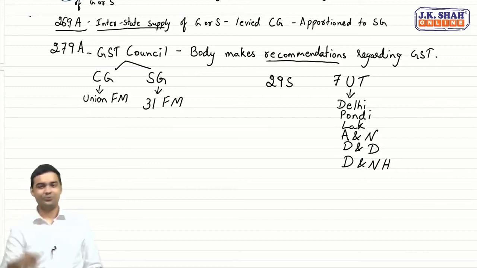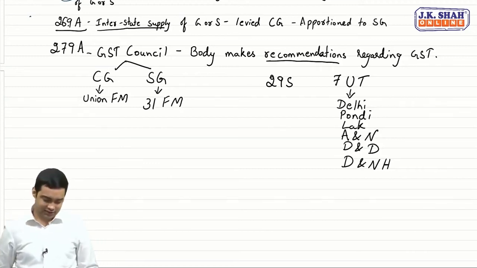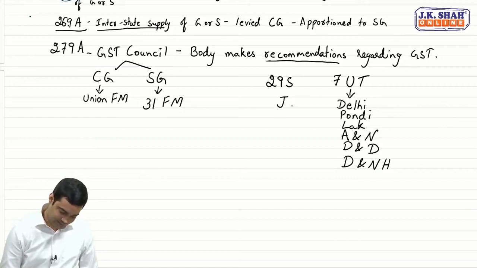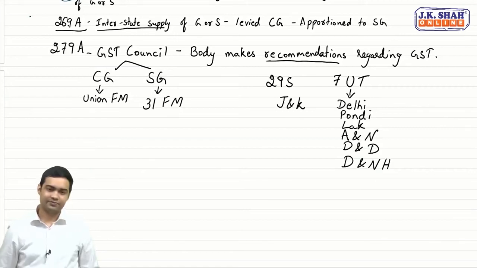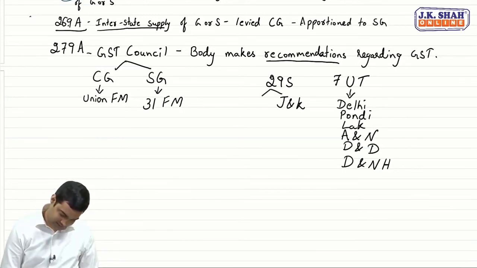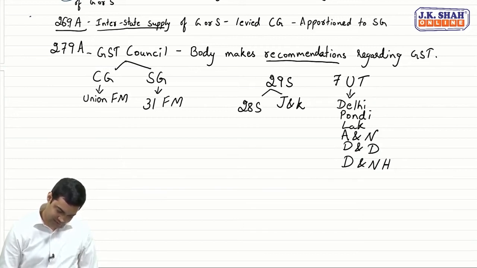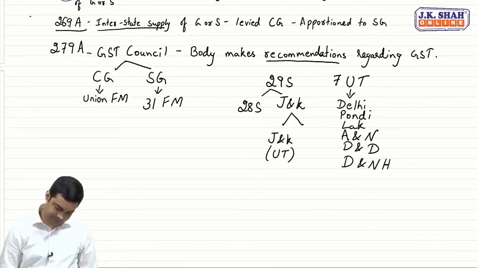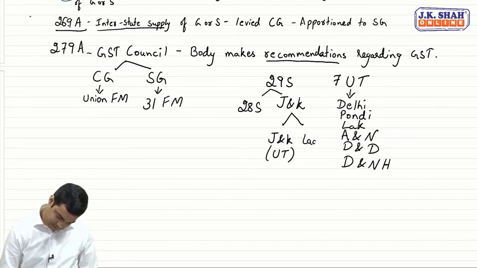Now, when we talk about this, Jammu and Kashmir was here. Now what has happened? Jammu and Kashmir is now divided into Jammu and Kashmir Union Territory and Ladakh Union Territory.